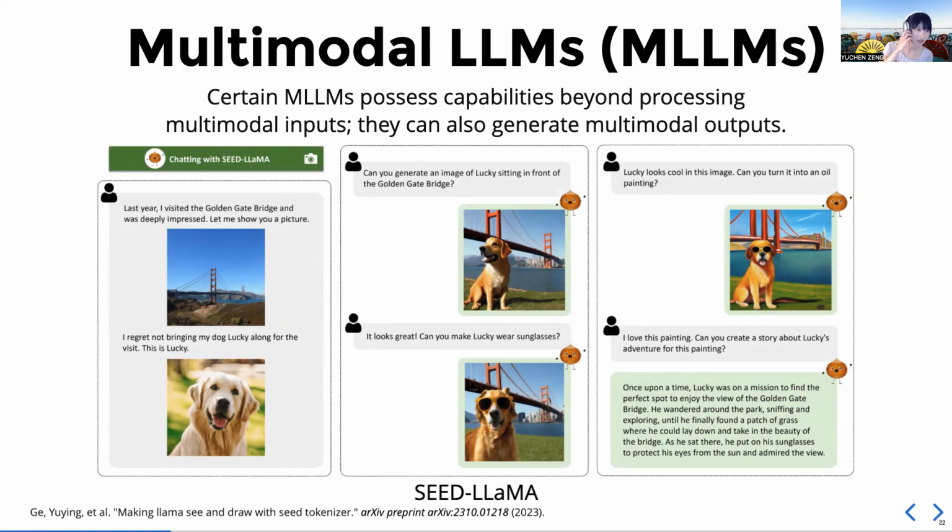The user provides a photo of the Golden Gate Bridge and a photo of his dog, and the request is to generate an image of the dog sitting in front of the Golden Gate Bridge. We found that Seed-LLaMA is able to combine the two images and even achieve more customized modifications to the image, like making the dog wear sunglasses or turning the image into an oil painting.